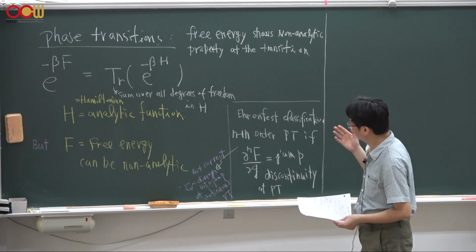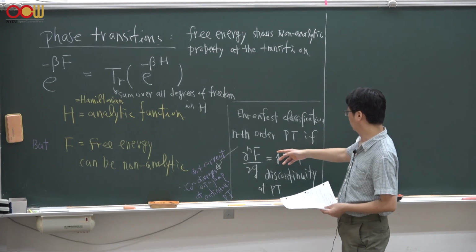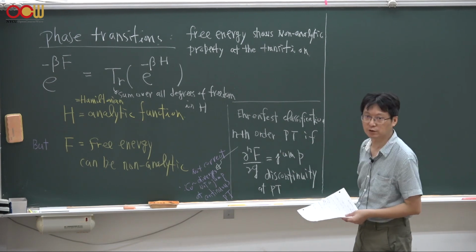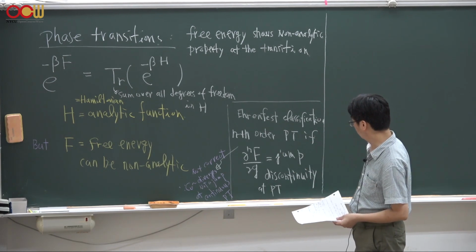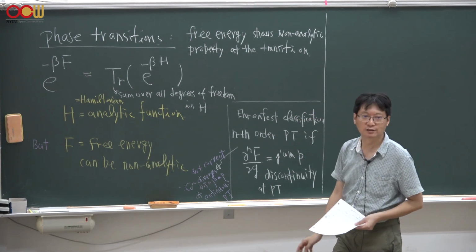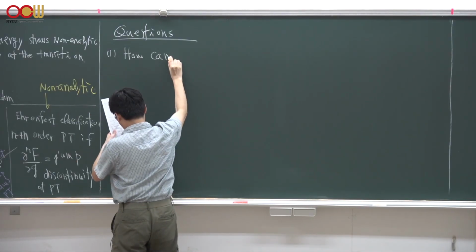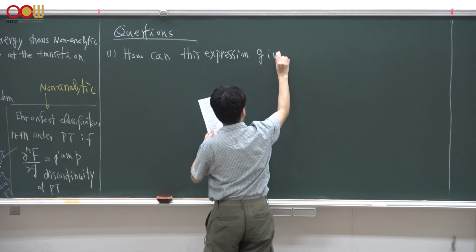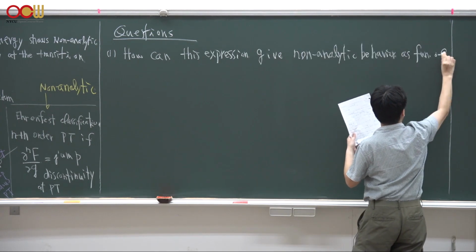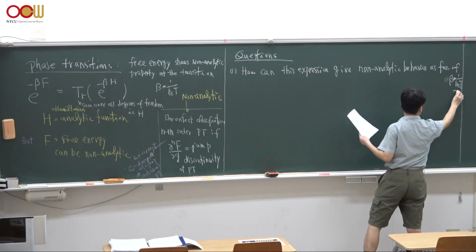The non-analyticity of a free energy is encoded in the jumps or discontinuity of the nth order derivative of the free energy with respect to the tuning parameter. So whenever there's a jump or discontinuity, this is non-analytic, or even a divergence. So question number one: how can this expression give non-analytic behavior as a function of beta, 1 over kBT? Right, so that's the big question.